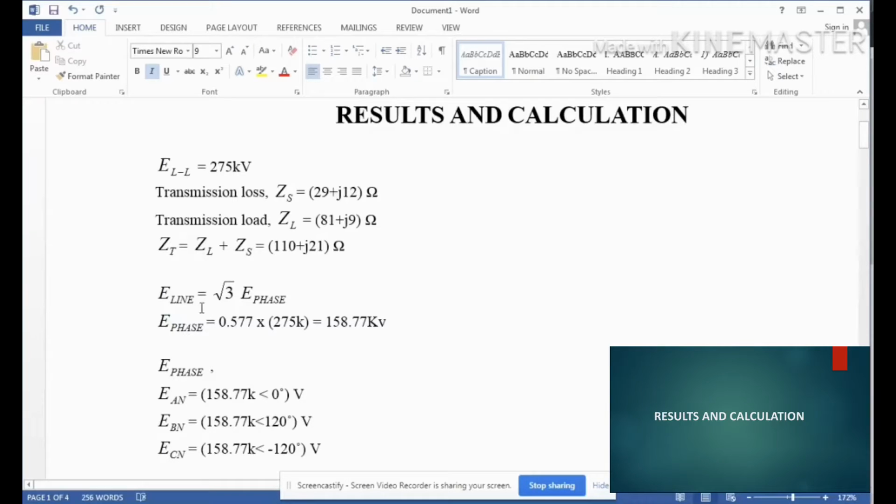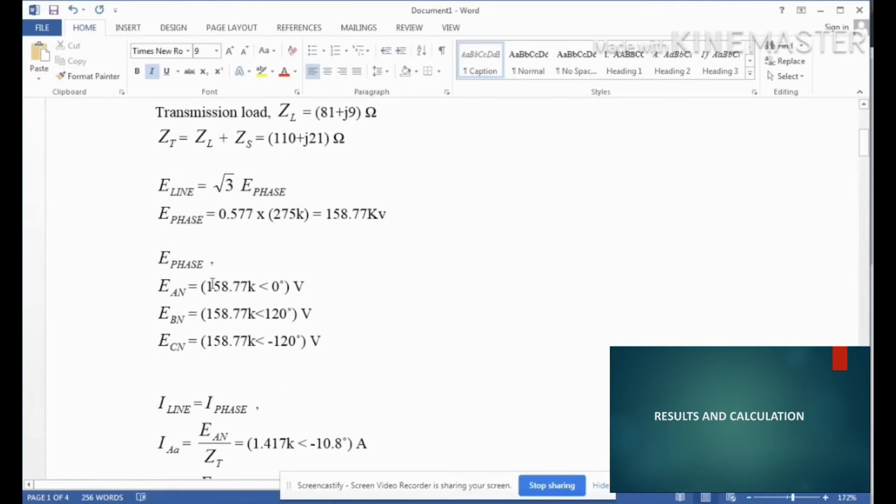In Y connection, line voltage is equal to root 3 times phase voltage, so to get the phase voltage, we have to divide the line voltage by root 3. From this value of line voltage divided by root 3, we got 158.77 kV.